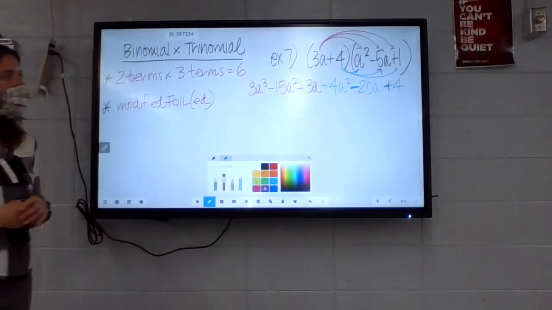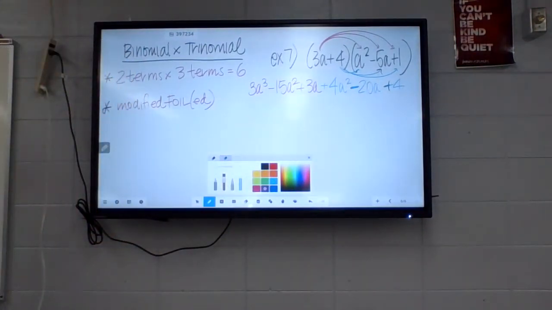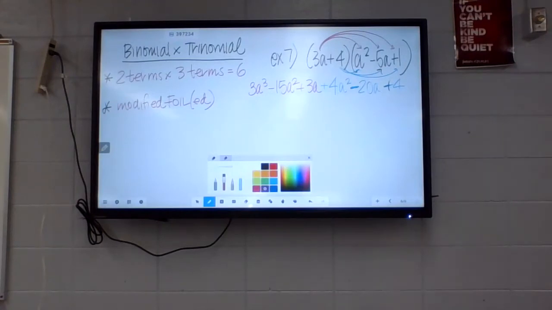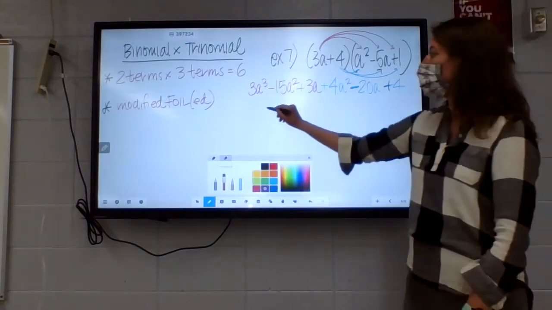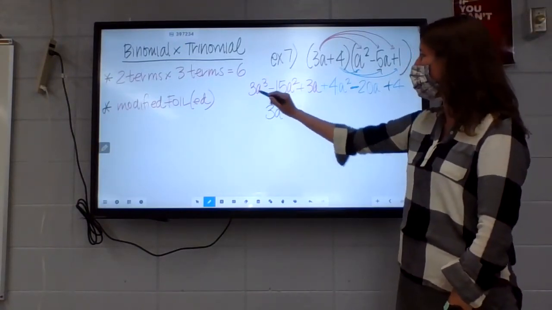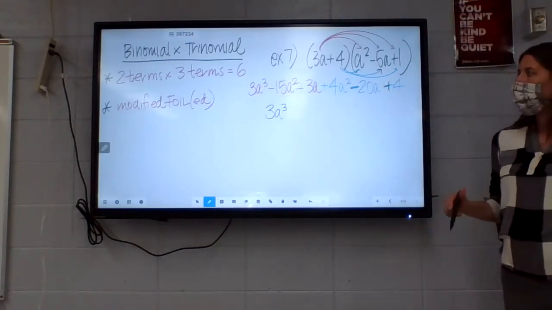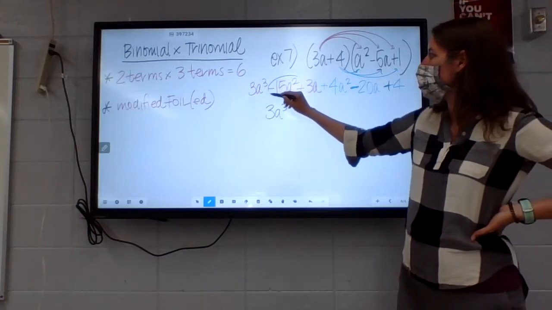Okay. Now I'm ready to combine my like terms. So right now, notice I have 6 terms. We're going to combine some things so it's not going to be 6 anymore. But again, I want to do standard form right away. So my highest power is 3a to the 3rd. So I'm just going to start with that. That doesn't have any like terms. My next one is the a squareds.